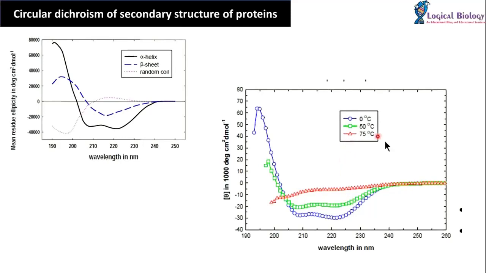At a very high temperature of 75 degree, the whole alpha CD spectrum is gone, and we are getting very little ellipticity. As I said, if you have a helical structure, you have a higher value of ellipticity, which means more circular dichroism, and when you have a linear structure, there is very little circular dichroism. So this can be understood by this very interesting example.